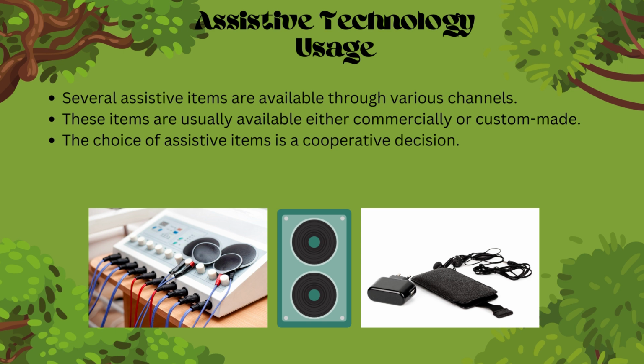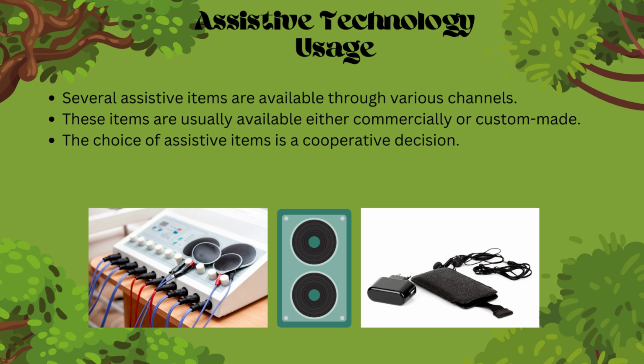These items are usually available either commercially or custom made by therapists, skilled orthotists and more. The choice of assistive items is a cooperative decision made by the child, parents, therapists, and others associated with the child, like maybe guardians and then the sister, brother of the child or anyone.